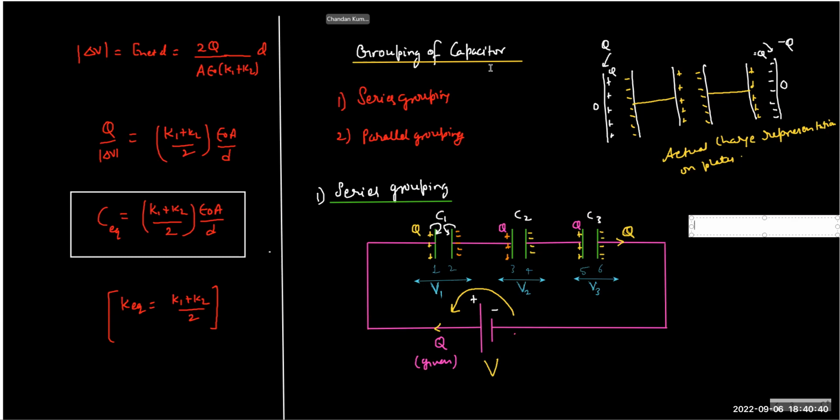So the meaning of charge given by the cell: it is the charge given to the plate connected with the positive terminal of the cell. Okay, this kind of meaning one should be aware of.